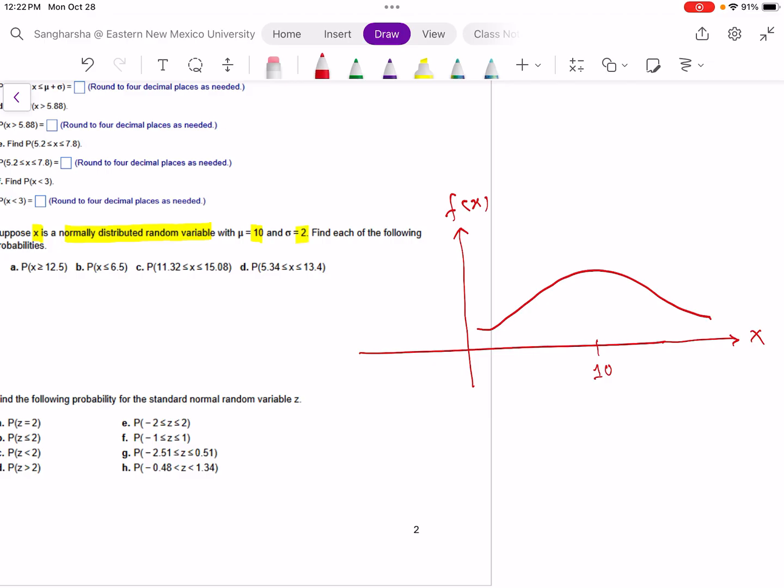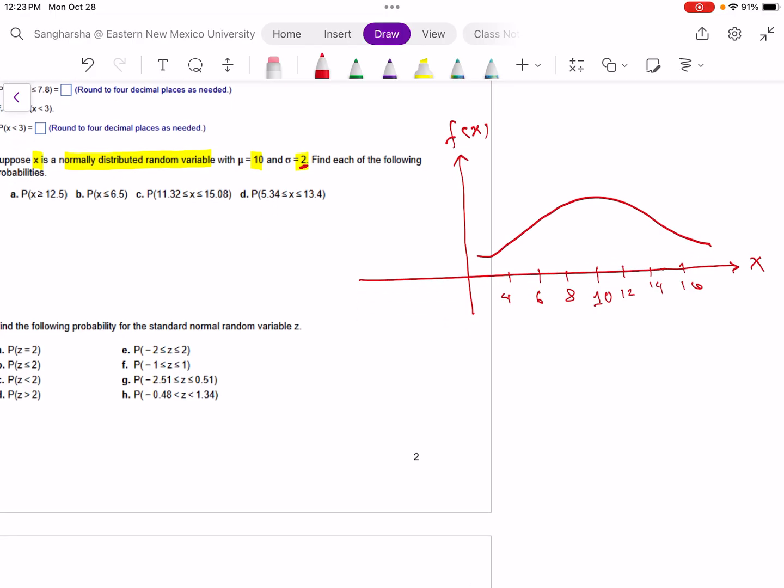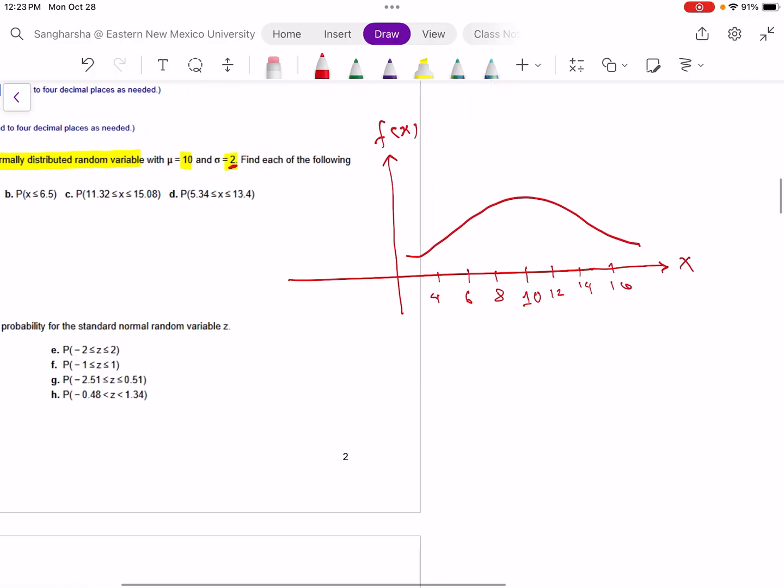Once you know your standard deviation is 2, you are scaling: you go 2 units on the right and 2 units on the left. So 10 plus 2, you have 12, then 14, 16. On the left this will be 8, 6, 4. Use the standard deviation for the scale on the horizontal axis.